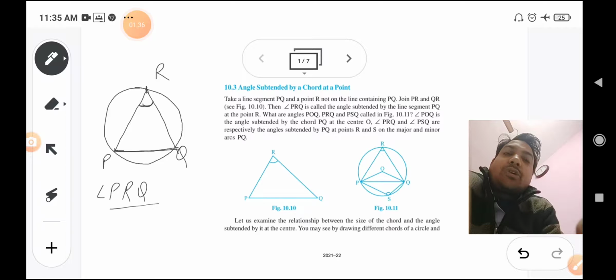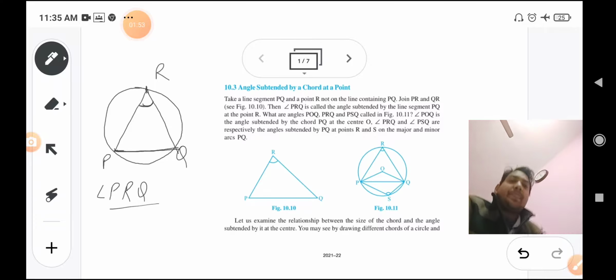Is it clear to everyone? So the angle subtended by a chord at a point R is angle PRQ, meaning angle PRQ is the angle subtended by chord PQ at point R. Is it clear? Okay.